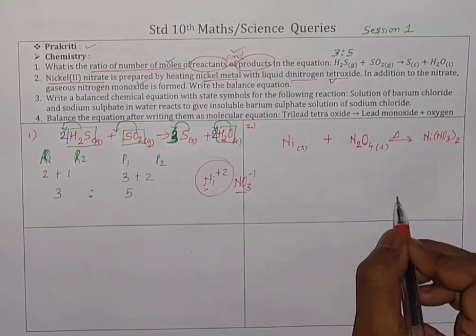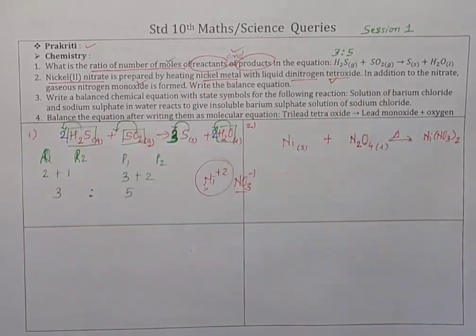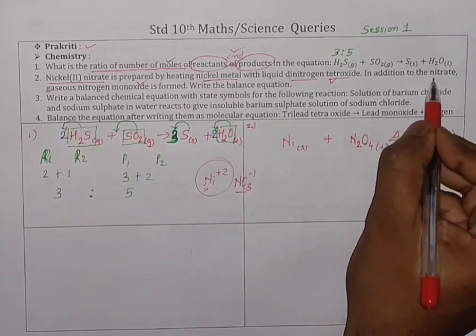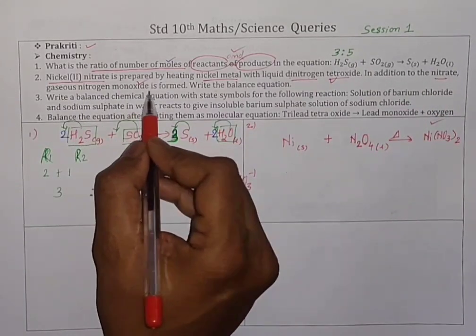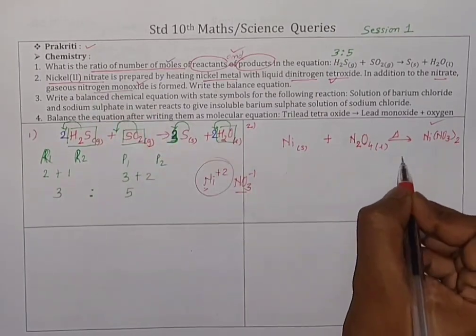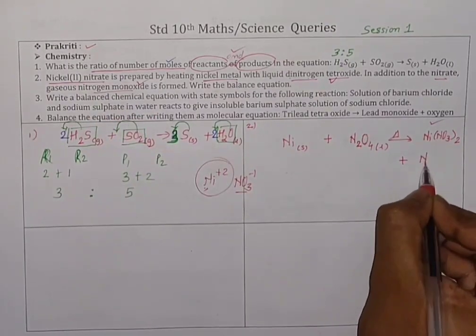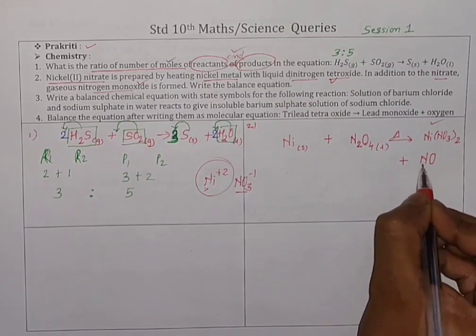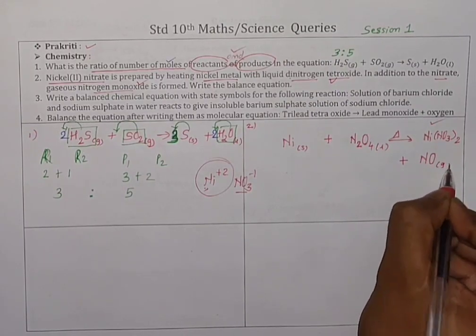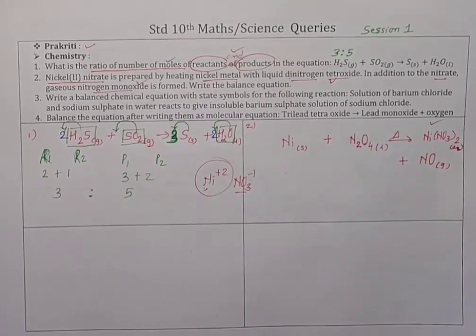All right? Okay. In addition to nitrate, जो ये मिला, gaseous nitrogen monoxide is also formed. So plus nitrogen monoxide, mono means 1. Nitrogen monoxide is also formed.